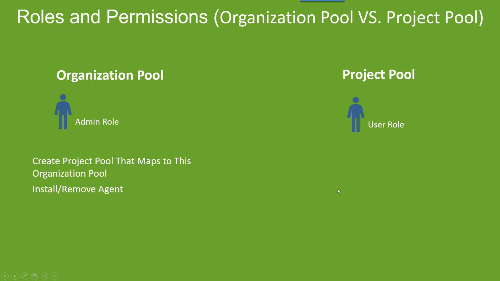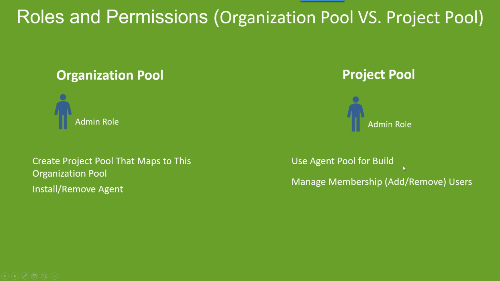On the project pool, the user role has the permission to use the build pool. So they can run the build, they just use it, and use the agent pool for build. This is the user role.